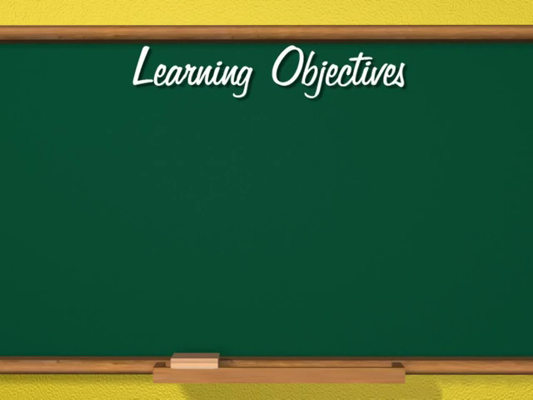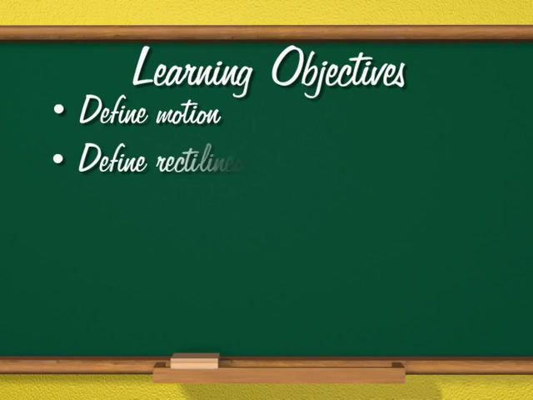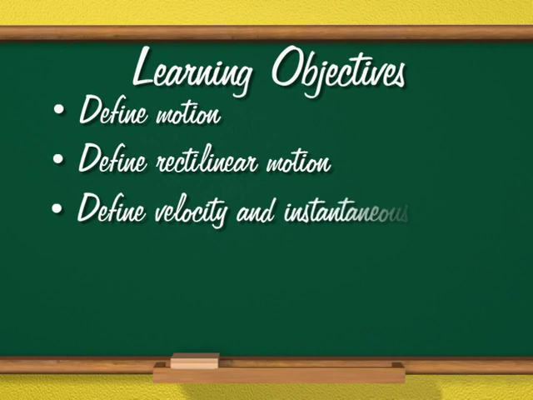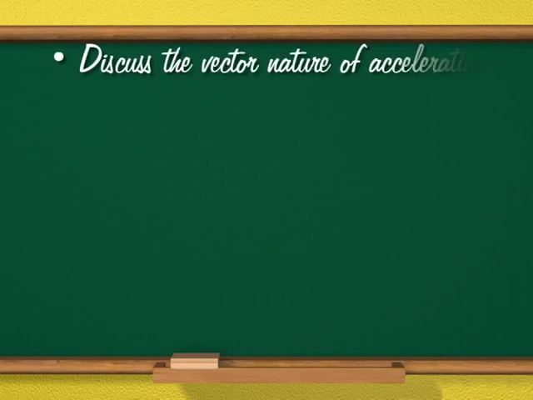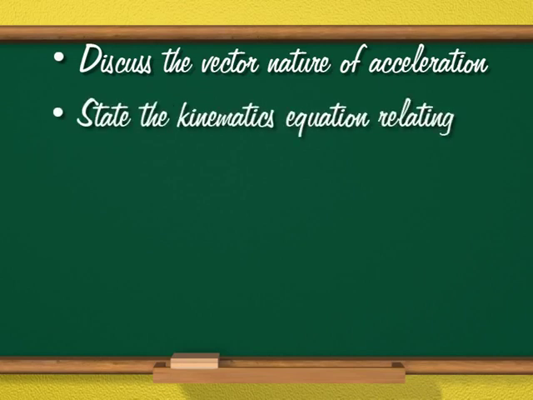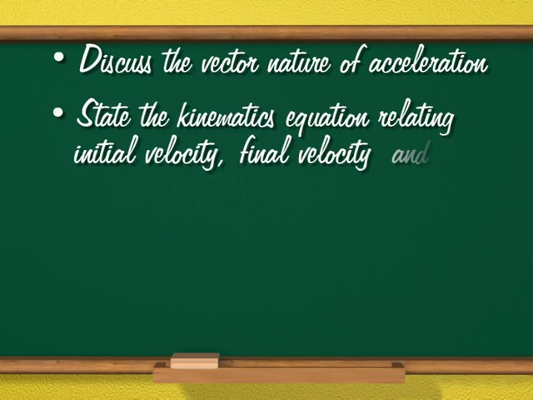On completion of this topic, learners will be able to define motion, define rectilinear motion, define velocity and instantaneous velocity, define acceleration and average acceleration, discuss the vector nature of acceleration. State the kinematics equation relating initial velocity, final velocity and acceleration for a uniform motion.